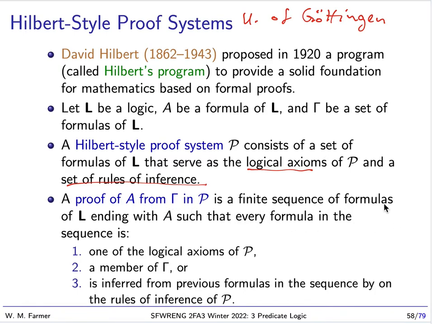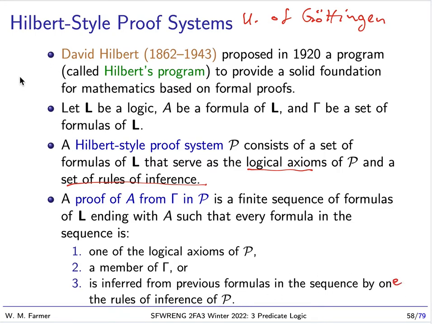It's just a finite sequence of formulas that ends with A, such that every formula in the sequence is either one of the logical axioms of the proof system, a member of gamma, or is inferred from previous formulas in the sequence by one of the rules of inference of P.